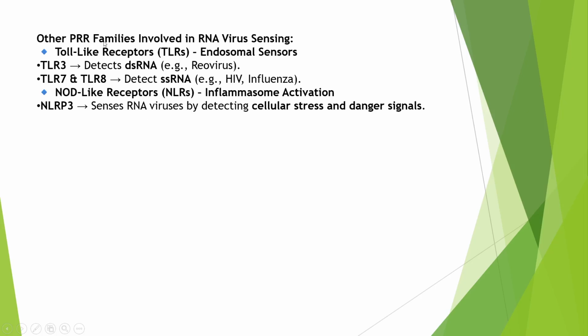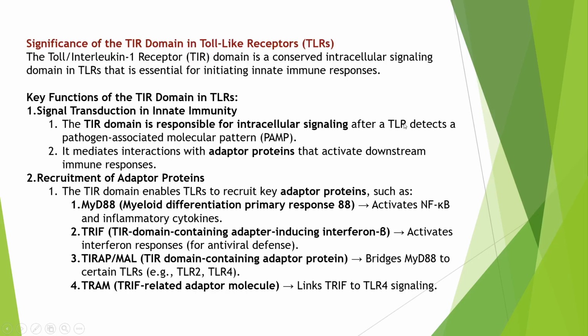Then other PRR families involved in RNA virus sensing are toll-like receptors, which are endosomal receptors. TLR3 detects double-stranded RNA. TLR7 and 8 detect single-stranded RNA. NOD-like receptors are involved in inflammasome activation, and the NLRP3 inflammasome senses the RNA virus by detecting cellular stress and danger signals.